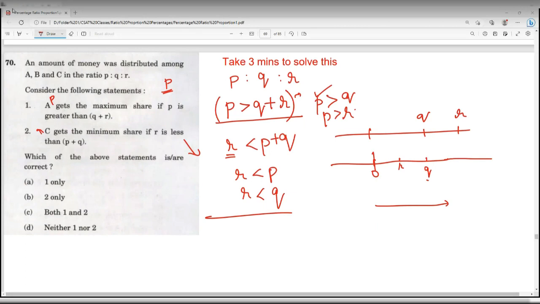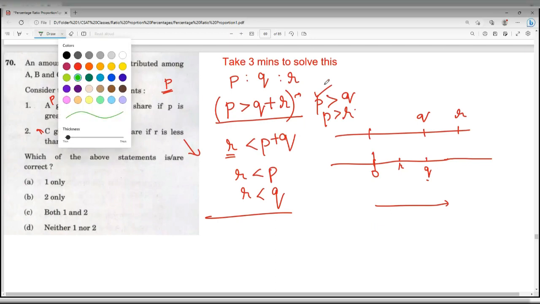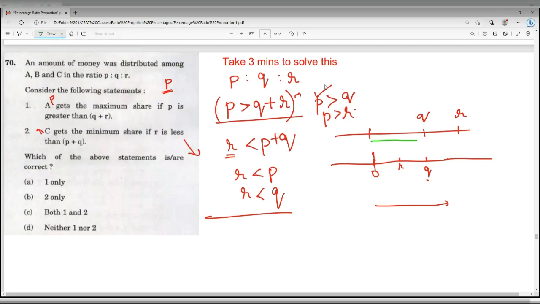This is Q and this is R. Let's say R is 5 and Q is greater than 5, say 6. Then 6 plus 5 is 11, which would be here on the number line. They're saying P is greater than this value, so P is somewhere here, greater than 11.